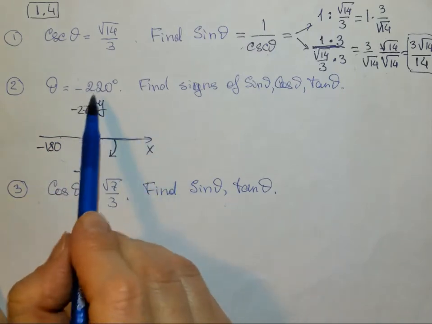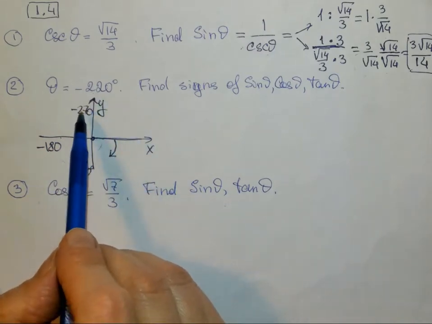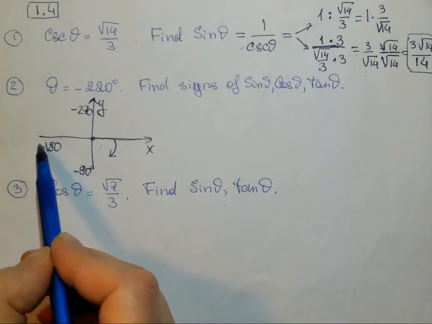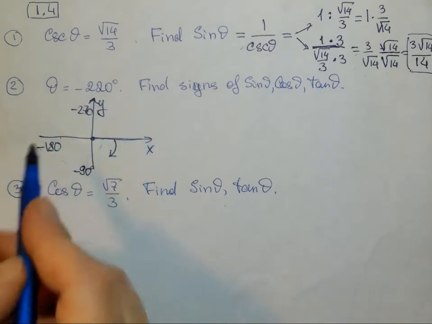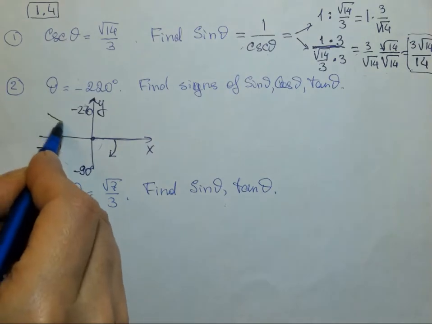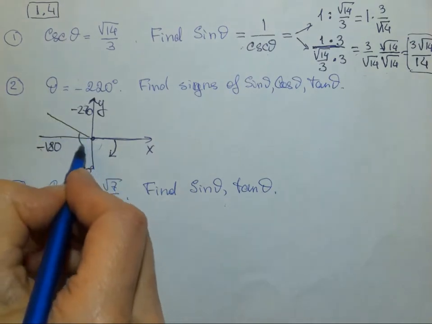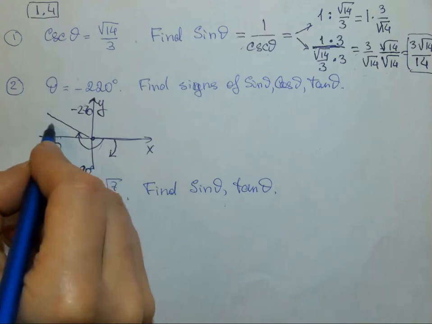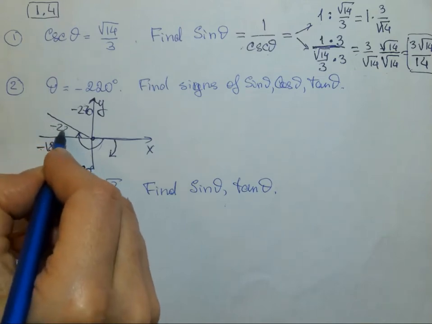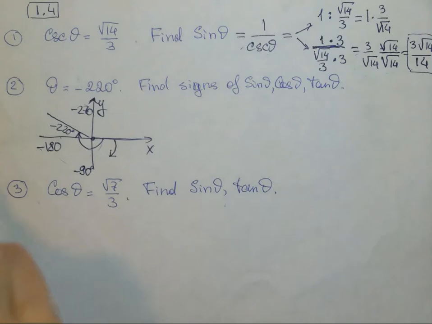So our angle is negative 220. So it must be between negative 180 and negative 270. Negative 220 will be somewhere here, somewhere in the second quadrant.